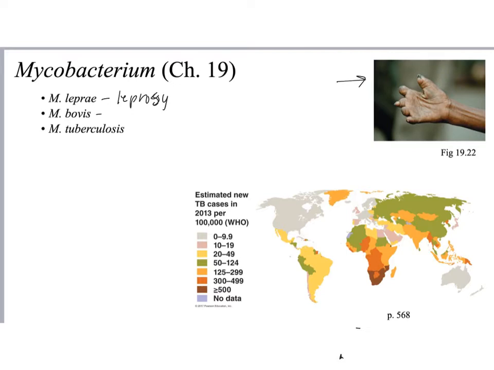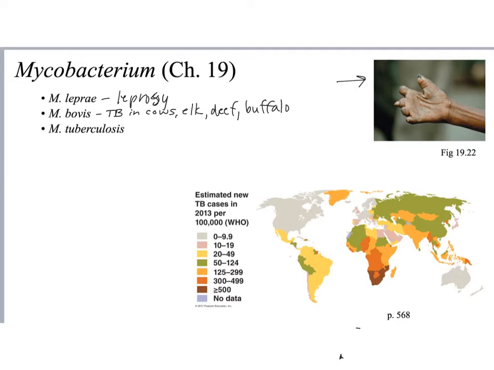Mycobacterium bovis causes tuberculosis in not only cows, but elk, deer, buffalo, and they can transmit that bovine tuberculosis to us.